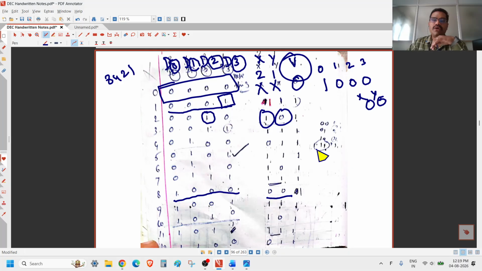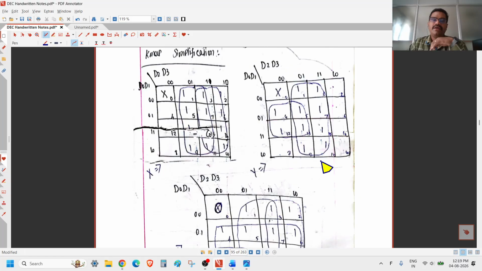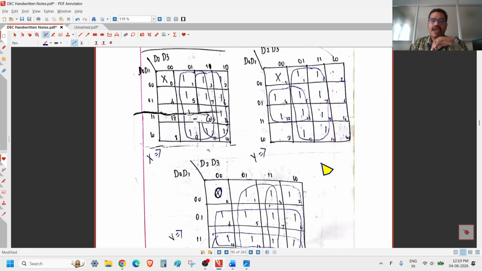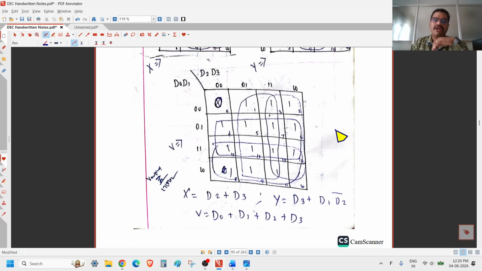Once you have completed the truth table, you have to make a K-map for X, Y, and V. This is the K-map for X, with two groupings, and this is the K-map for Y, again with two groupings. For V this is the K-map, with a group of 4, and a group of 8 and 1.